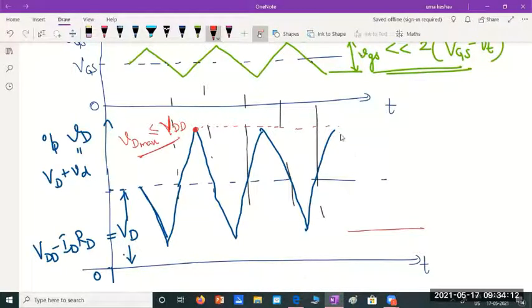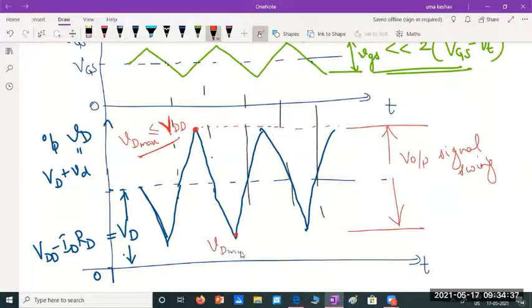This is the output signal swing. What are the maximum and minimum values of output which I can have? The maximum value can be VDD, the given DC supply. And the lowest value, VD minimum, should always be greater than or equal to, remember, VGS minus VT. Here I can say VGS max minus VT.